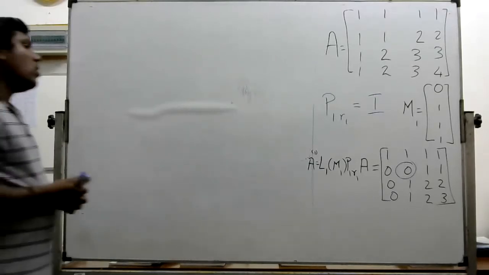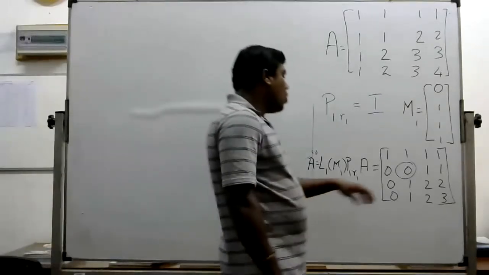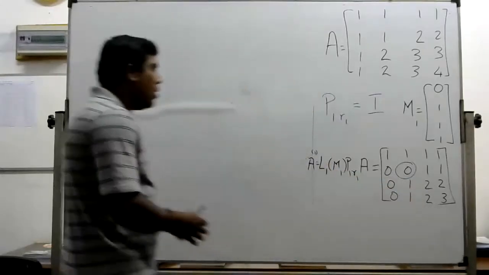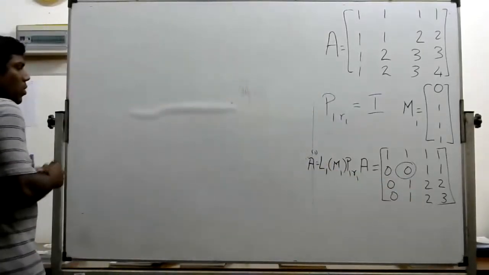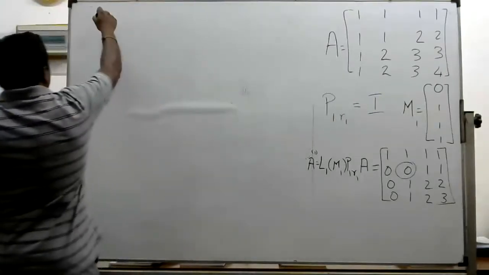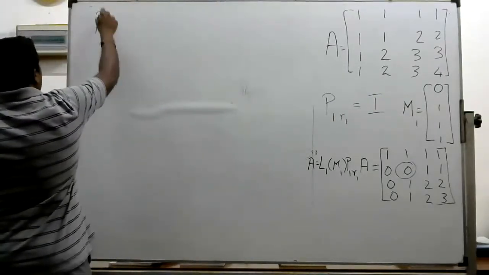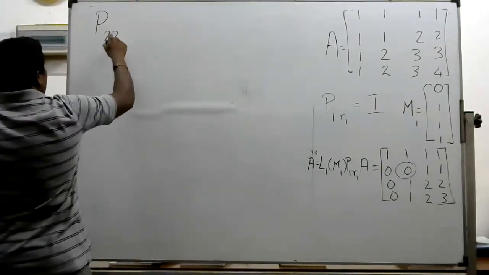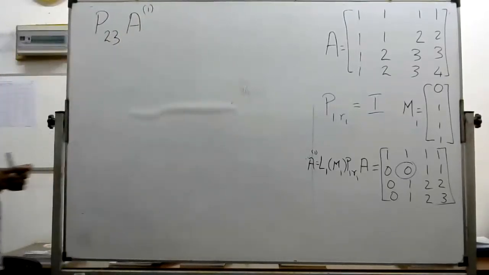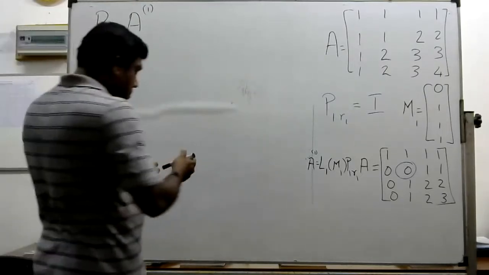I have the luxury of interchanging any two rows. Either I can change this or I can change this, so any row you can choose. I will choose the third row. So I will interchange the second row and the third row. I choose P23, so P23 times A1.